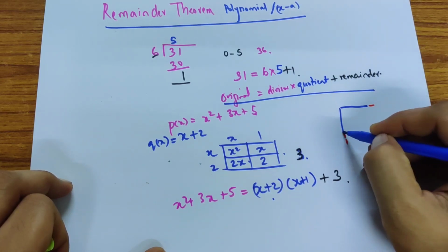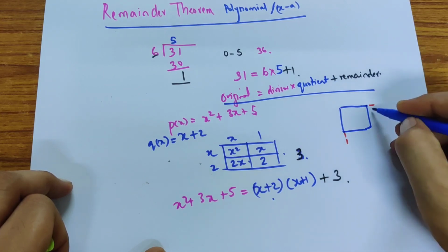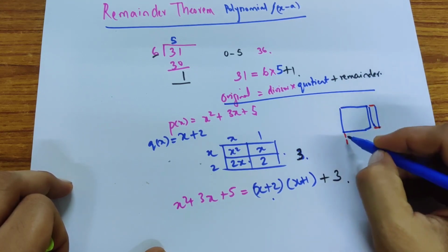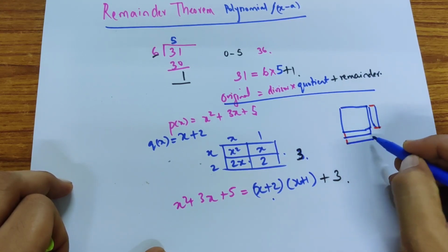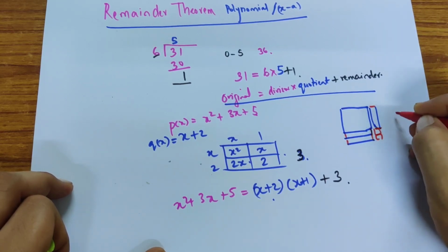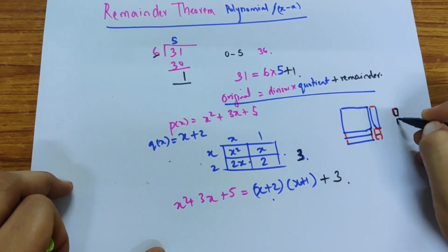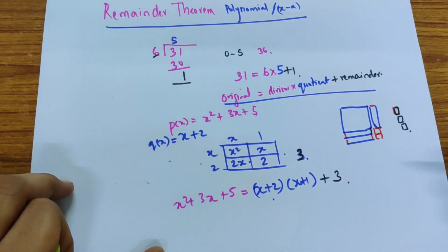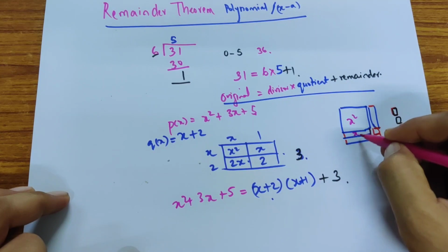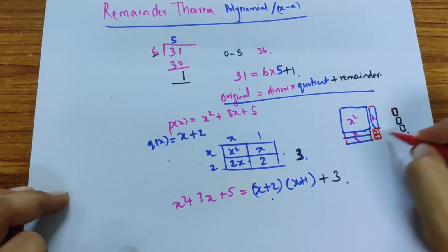When I complete the shape, I would still have 3 blocks left from the original, which was x squared plus x, which is 3x, and I wanted 5, but I'd only get 2.